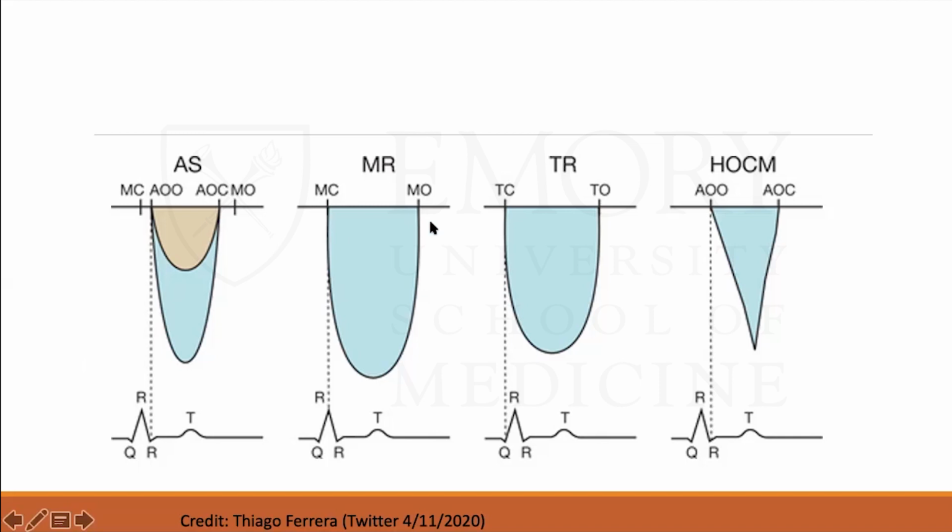With MR, you will see that flow happen earlier in systole, right at the R wave. And with hypertrophic cardiomyopathy or mid-cavitary obstruction, LV obstruction, typically you'll see a much later peaking velocity. So don't be fooled by MR and other forms of subvalvular stenosis.